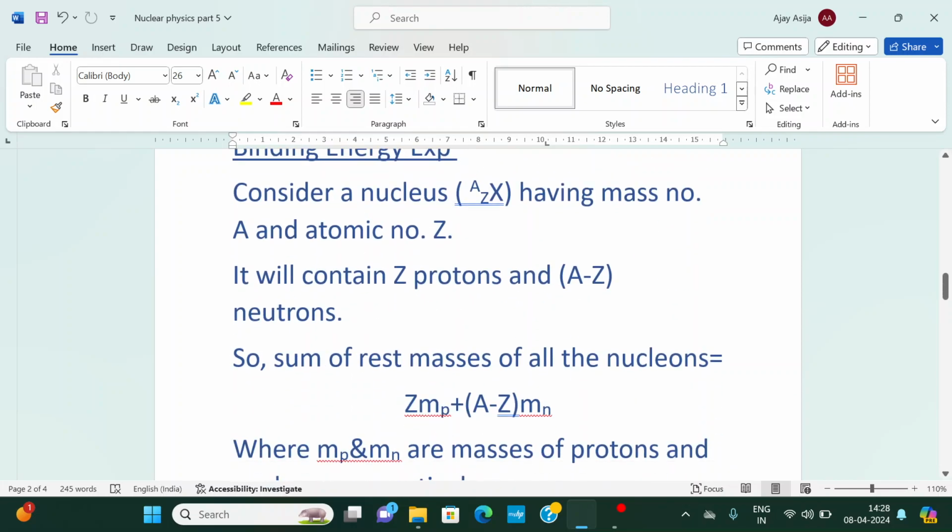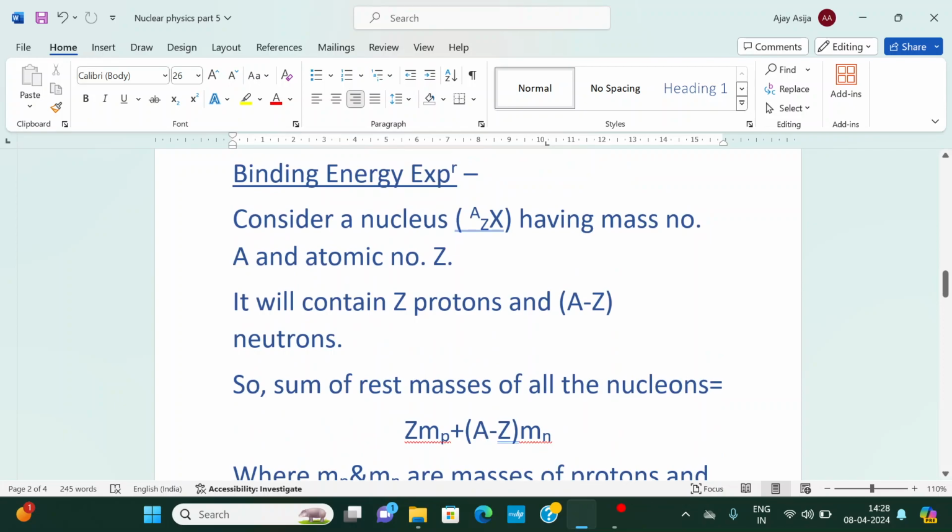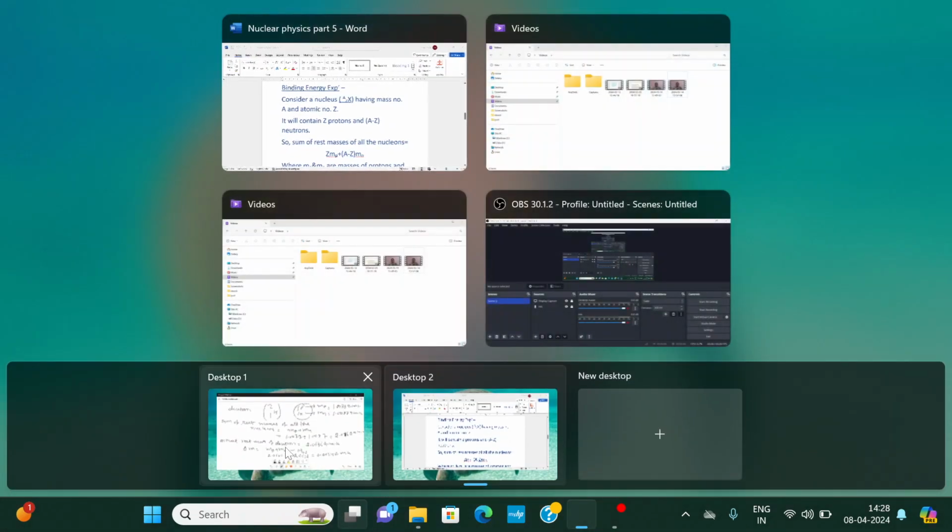Let us derive the expression of binding energy. For this, we have to consider a nucleus and find the mass defect for this nucleus. Then we will multiply c square with mass defect to get the binding energy of this nucleus. Let us derive this.